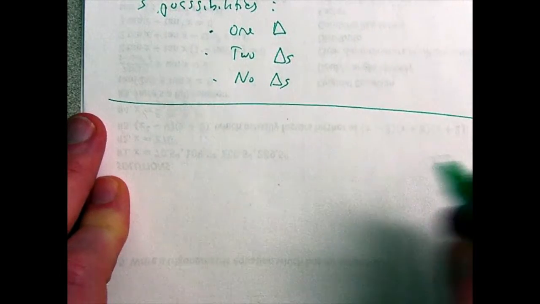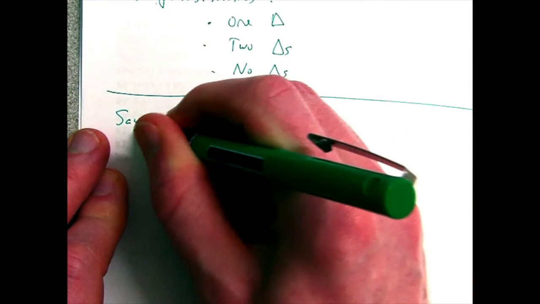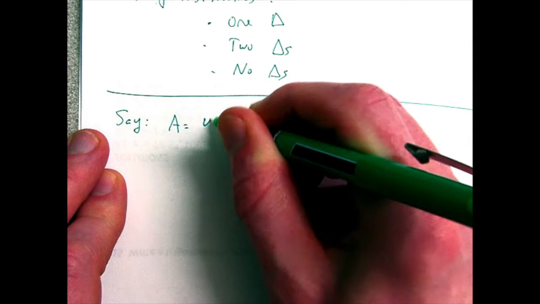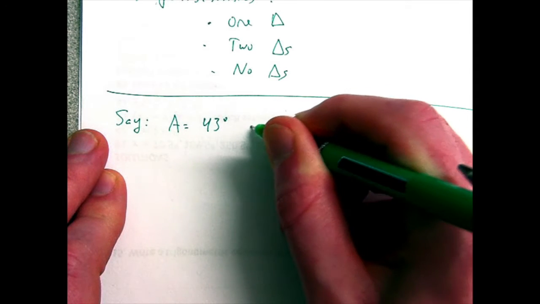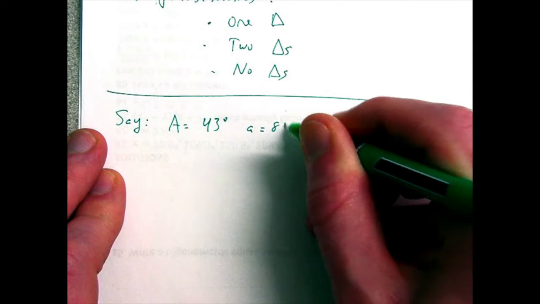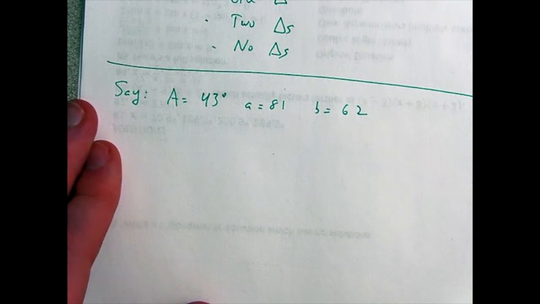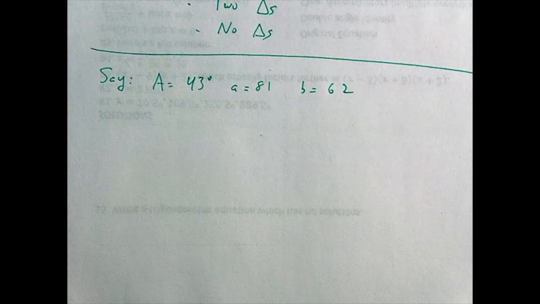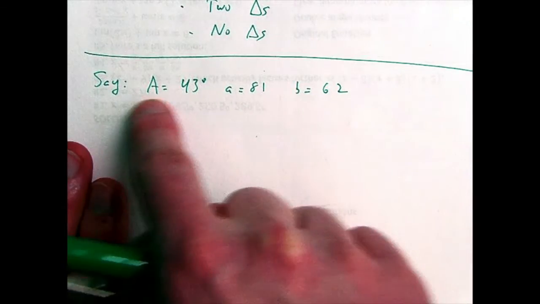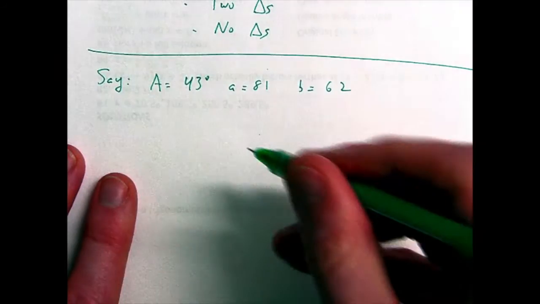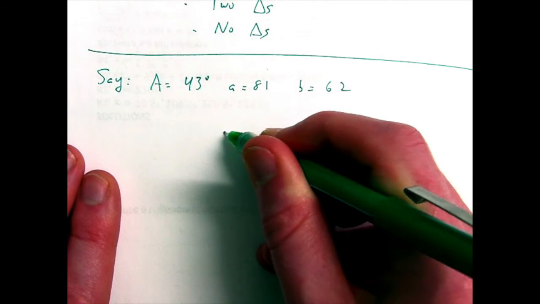So let's suppose that angle A is 43 degrees, little a, that's the side length, is 81, little b is 62. The way that you should always handle these things is start by drawing a picture. Okay? I won't give you a picture, I'll just give you angle and side information. So you should start by putting it into a picture.